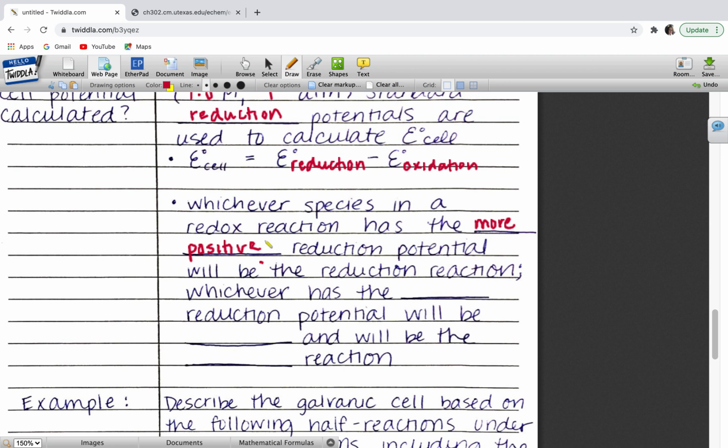And whichever one is more positive, that's going to stay reduction. The other one, the one that has the lower reduction potential, is going to be flipped around, and that's going to be the oxidation reaction. Okay, what? All right, so let me show you how this works.